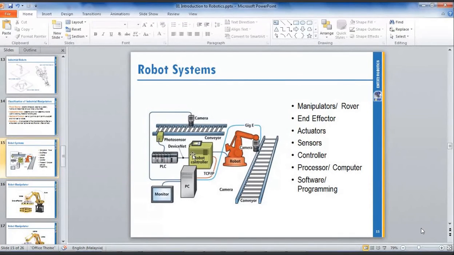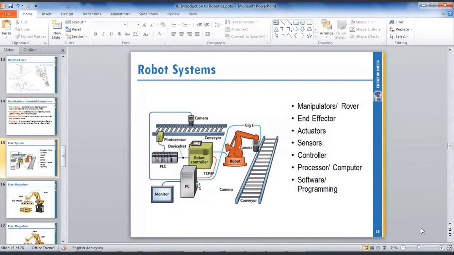So it sends the signal for the robot to pick up the part, maybe pick up from this conveyor and place it on this conveyor. Something like that. The PLC is normally used to control the conveyor belt and to interface the sensor signal.